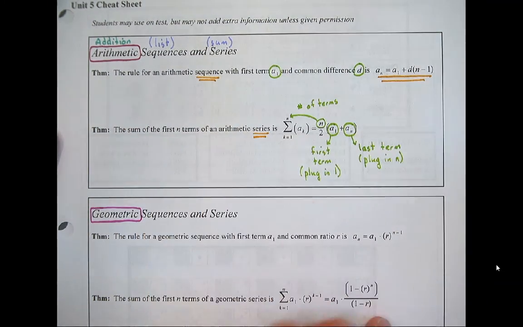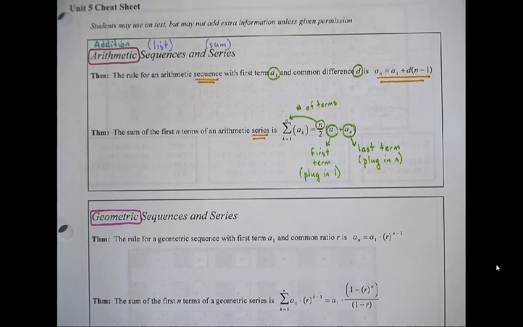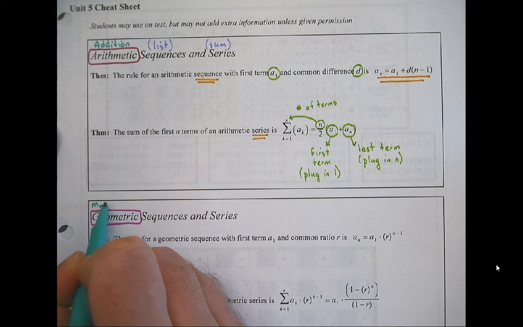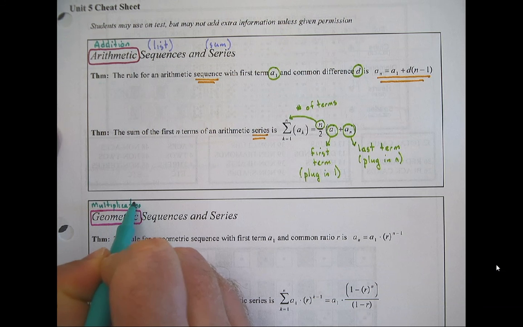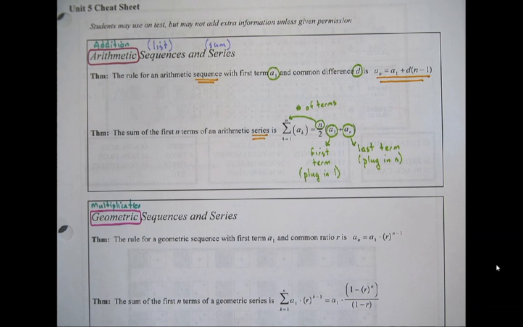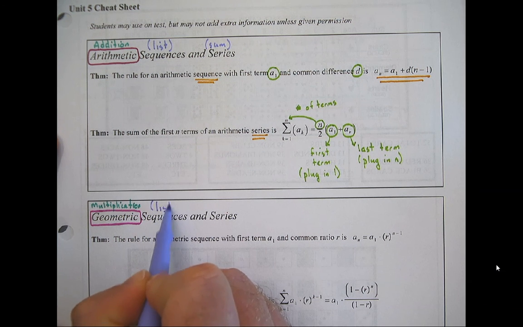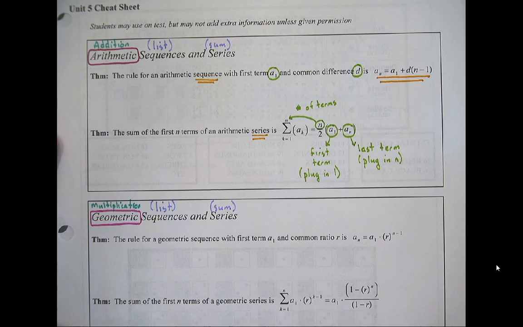These would be my arithmetics. Geometric means multiplication instead of addition. And again, a sequence is a list where a series is a sum of that list of numbers.